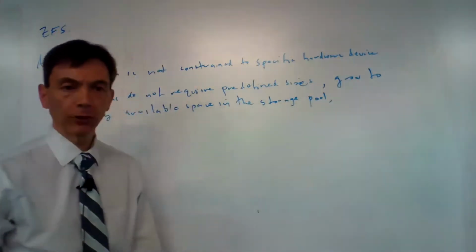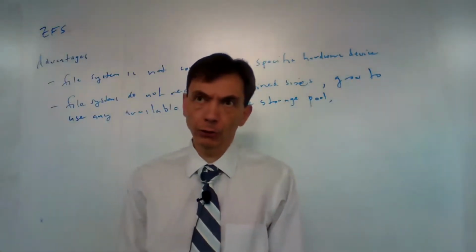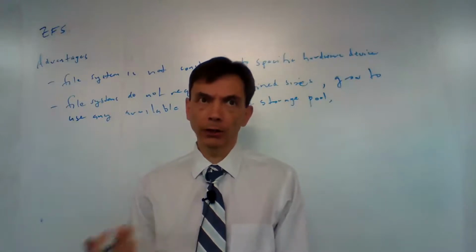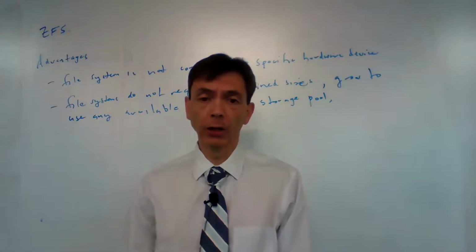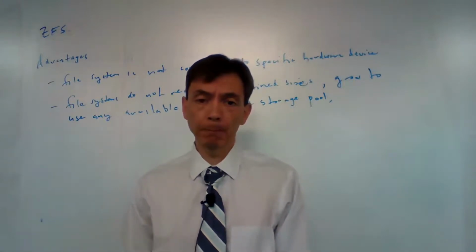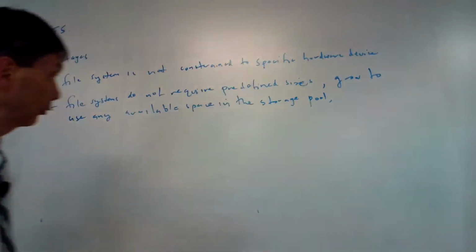So the file system doesn't have to constrain itself, it just uses whatever's available, and it can ask the storage pool at any given time how much space is available, and that's potentially changing, but the file system doesn't care, okay? Doesn't need to care.